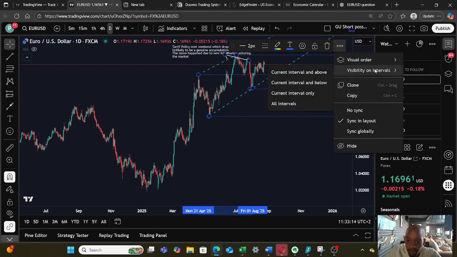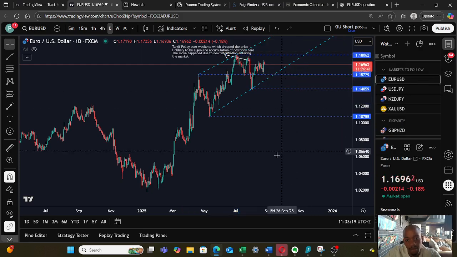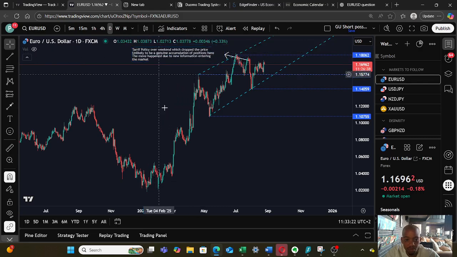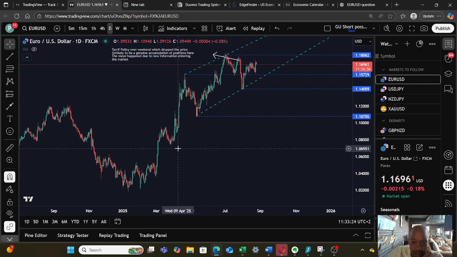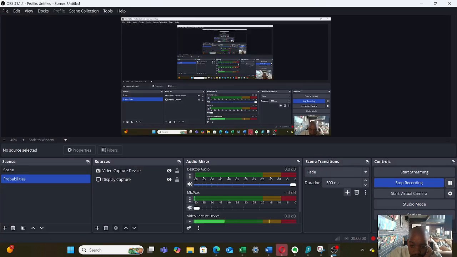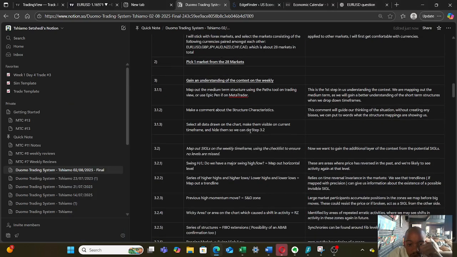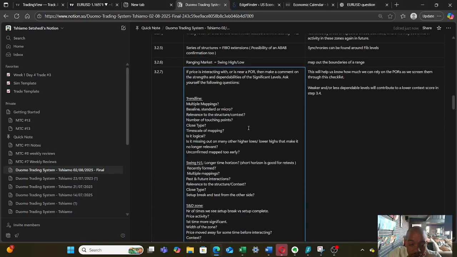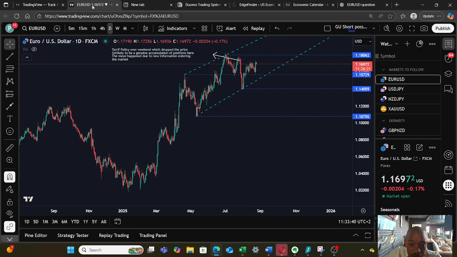I'm gonna say here current intervals only. Fantastic. Okay, so we've done all of this. We are not near the price for us to assess the strength and dependability, but now I need to assign a context score.